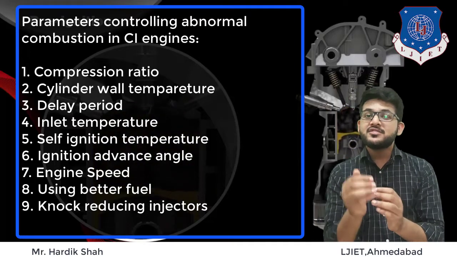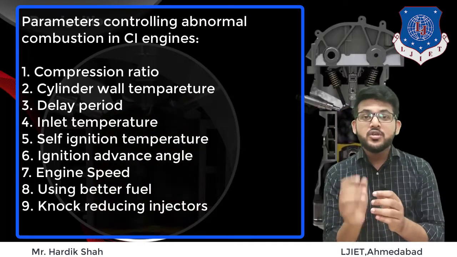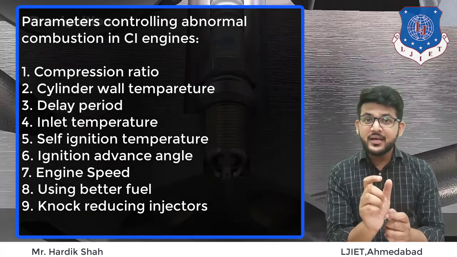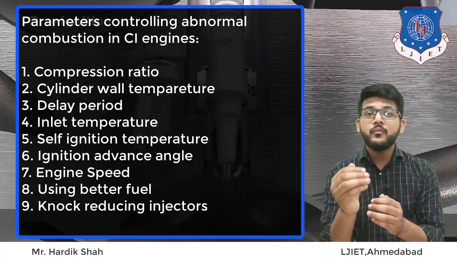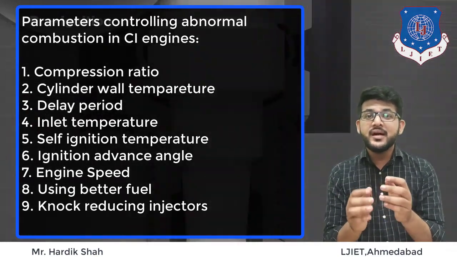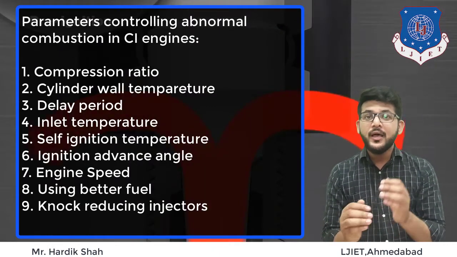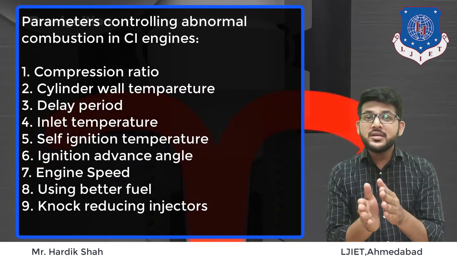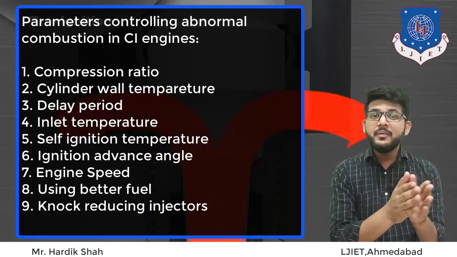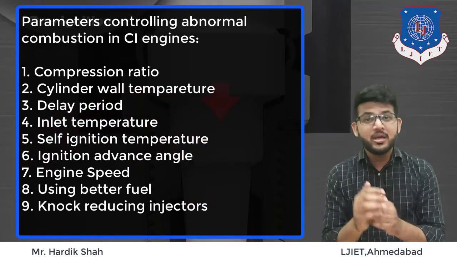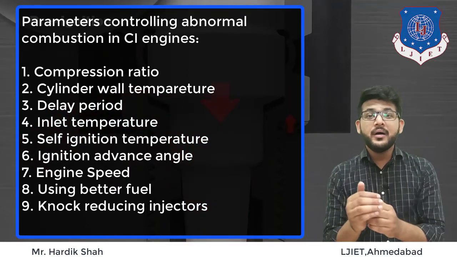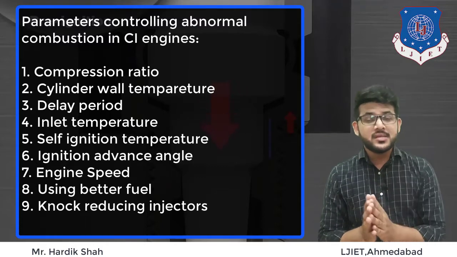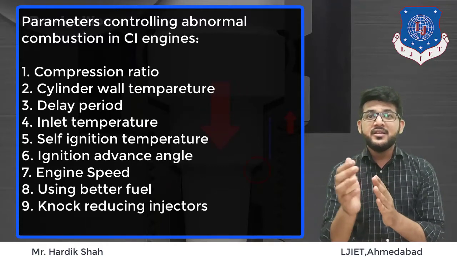Okay. Sixth one is ignition advance angle. If the ignition advance angle is advanced, or you can say more, the fuel injection starts at low pressure and low temperature, and due to this low temperature, the delay period will be large and hence more fuel will be accumulated in the cylinder and it may burn in an uncontrolled manner. So this is not desired. Seventh is engine speed.